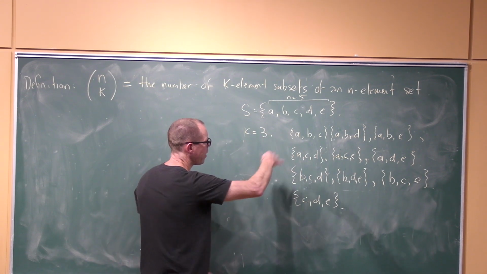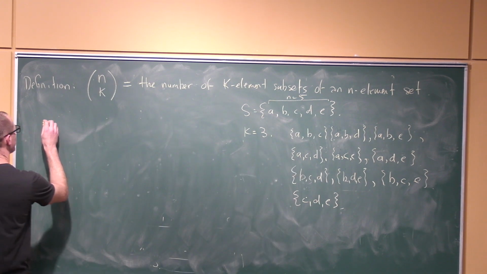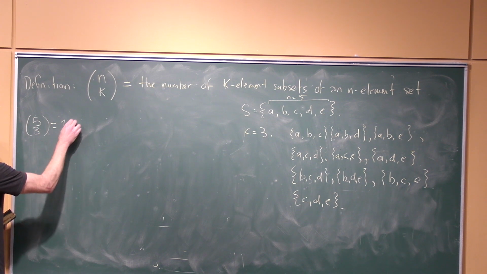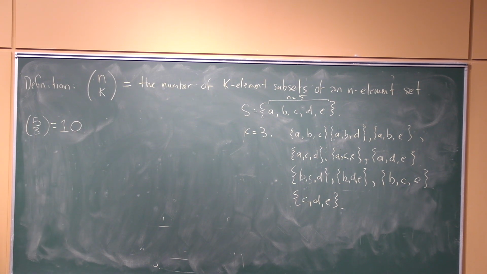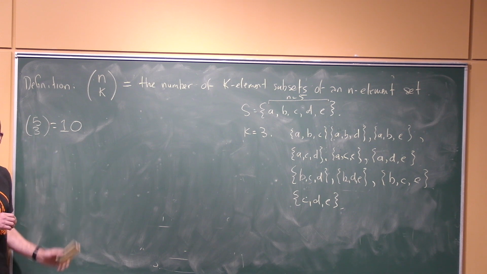So by doing this and making sure that I didn't miss any subsets, you would arrive at the conclusion that 5 choose 3 is equal to 10. Of course, this is error prone, and we don't want to have to do this for every pair of integers. So we'd like a general formula.